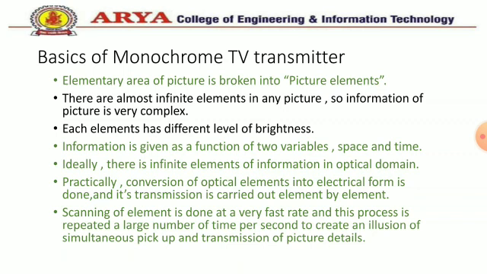So the information of a picture is very complex, and each element has a different level of brightness. In monochrome TV each pixel or element has a different brightness, and the information is given as a function of two variables, space and time.